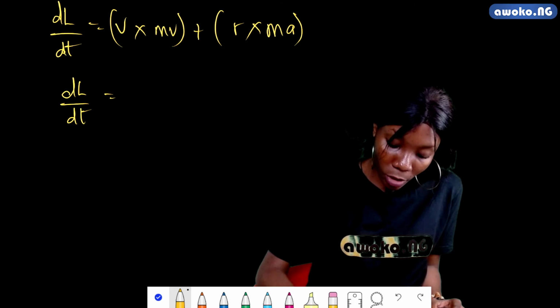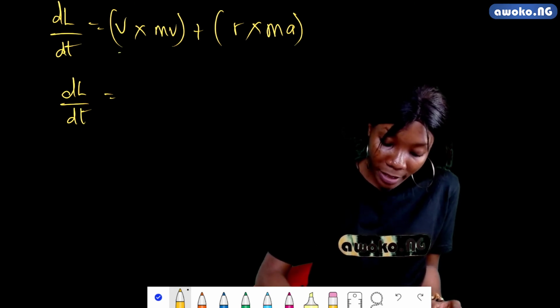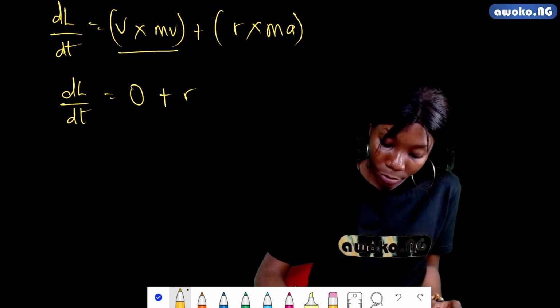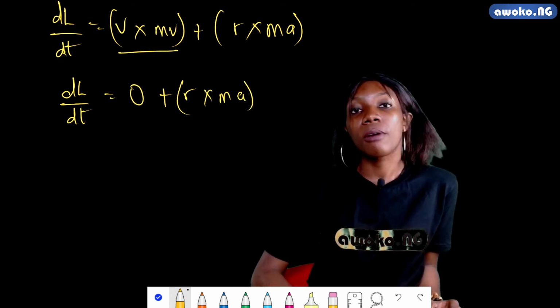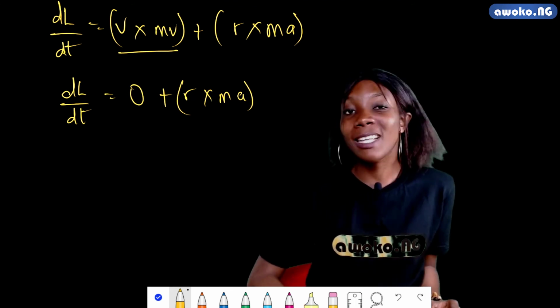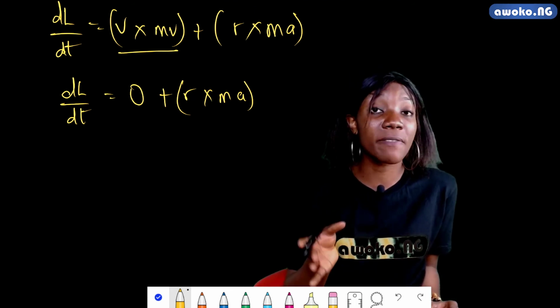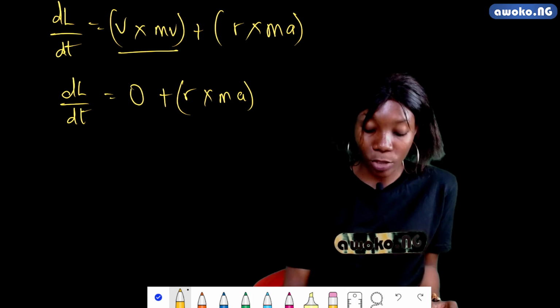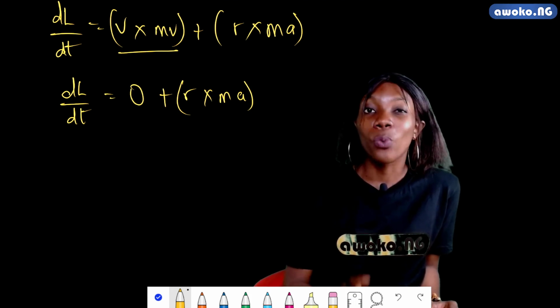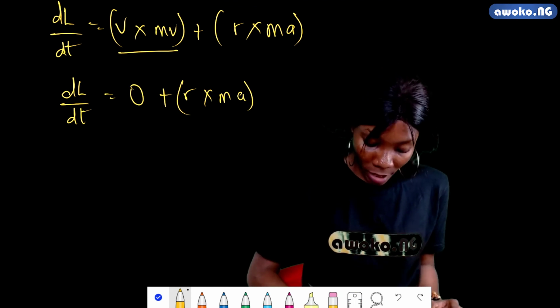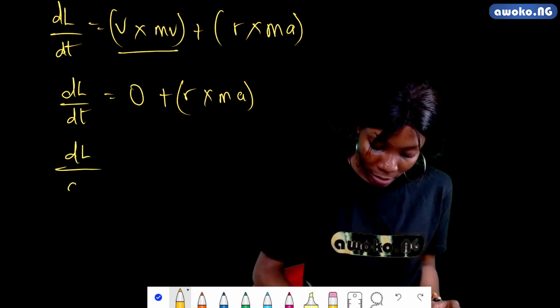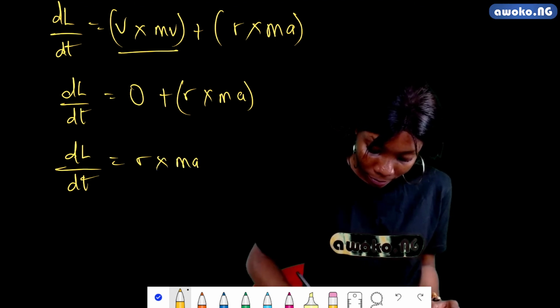If we take the cross product of this, of this first term, we have 0, plus r cross ma. Now the first term is 0 because it contains the vector product of the vector v with itself. So in the second term, we can have this as dL over dt equal r cross ma.